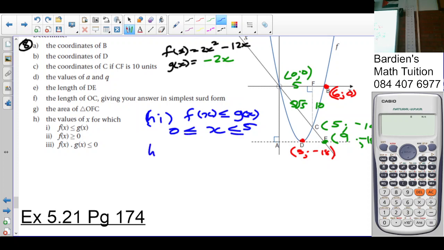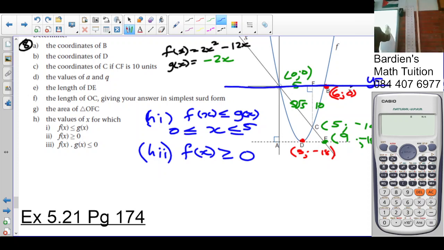Okay, this is H2. Where is f of x greater than or equal to 0? You see this is the y equals 0 line here. So we're looking above the line. Is this part above? Yes. Is that part there below?